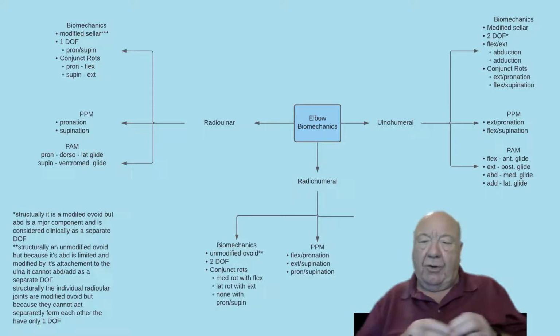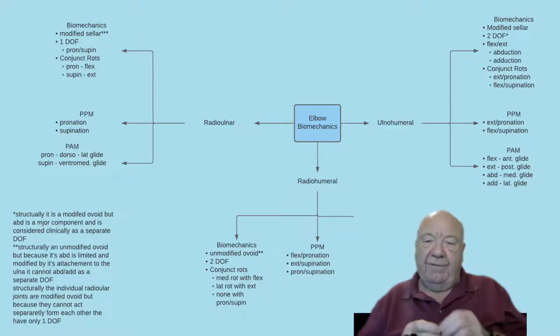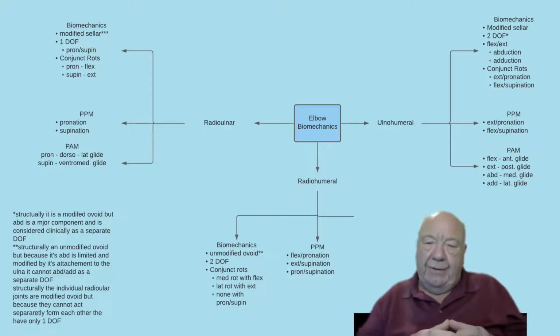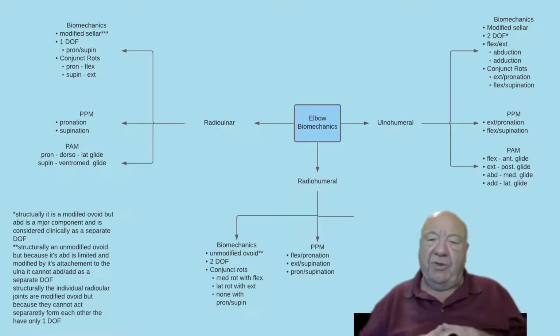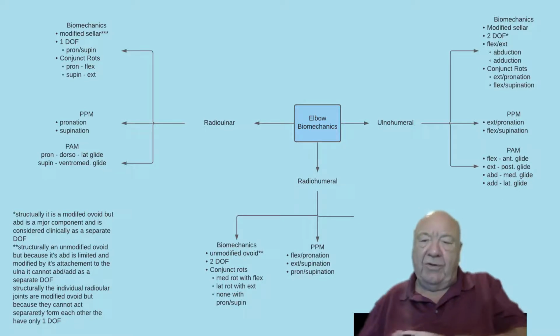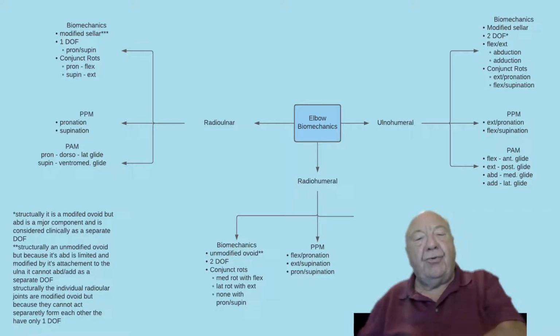And the conjunct rotations of this is for flexion at the radiohumeral joint, you have to do pronation with the flexion in order to get the radial head as far up the capitulum as it can go. So the full range of motion test is flexion pronation and extension supination.